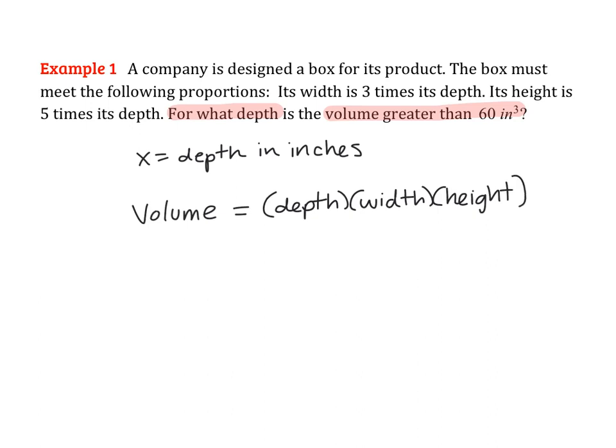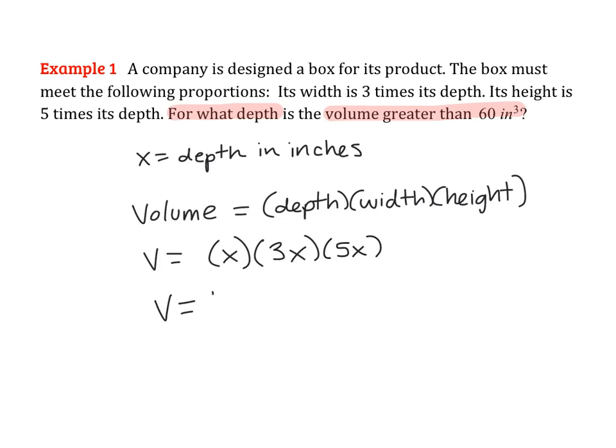So now we need to find some way to describe all 3 of these in terms of x. So volume equals, well, the depth we already determined is just x. For the width, it says the width is 3 times its depth. So the width is always going to be 3x. And it says the height is 5 times its depth. So we can describe height as 5x.